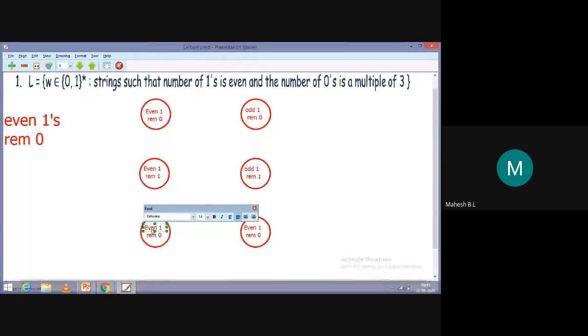Here even ones, remainder 2. Then odd ones, remainder 2.